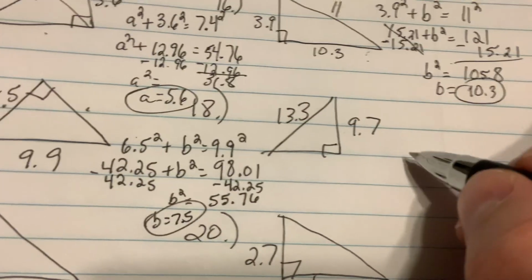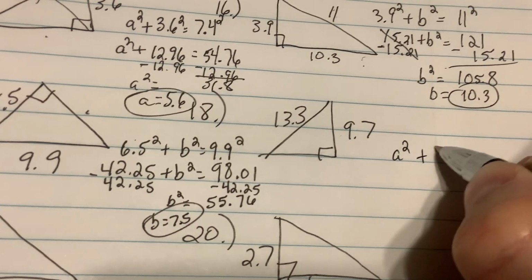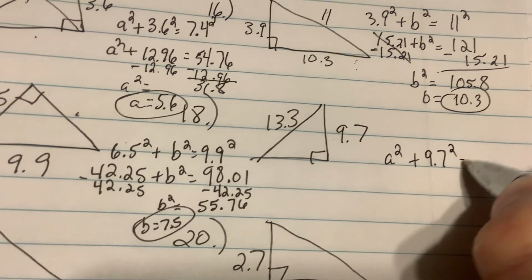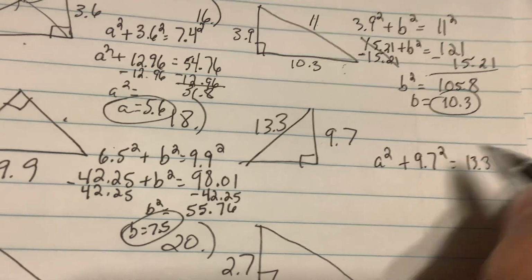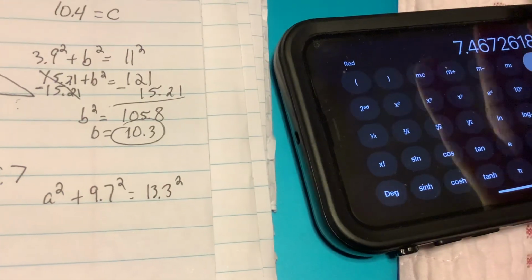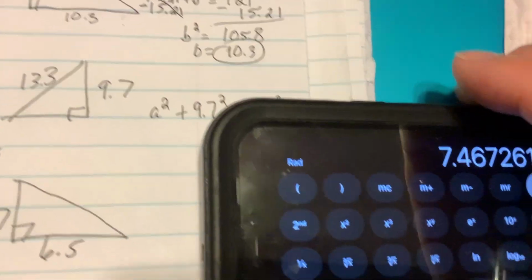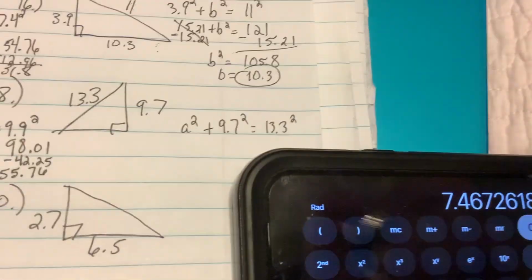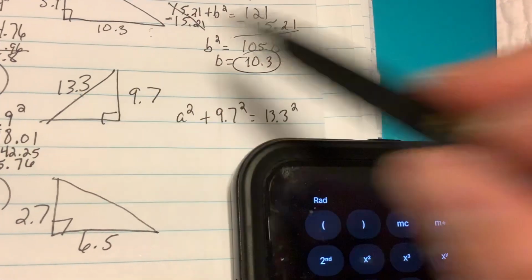Okay, let's do one where the a squared, we'll make it a squared that's missing, just to show you it doesn't matter if it's a or b that you make the missing side. It's your choice. It doesn't matter each one, as long as you keep that c squared.